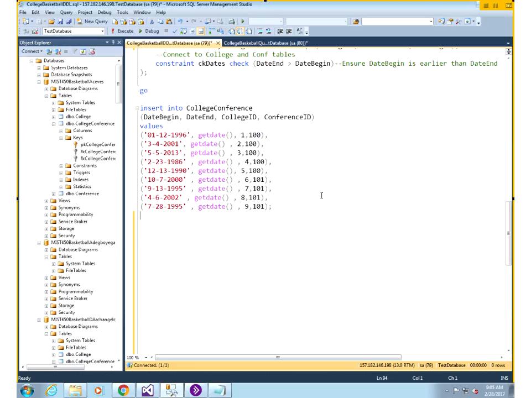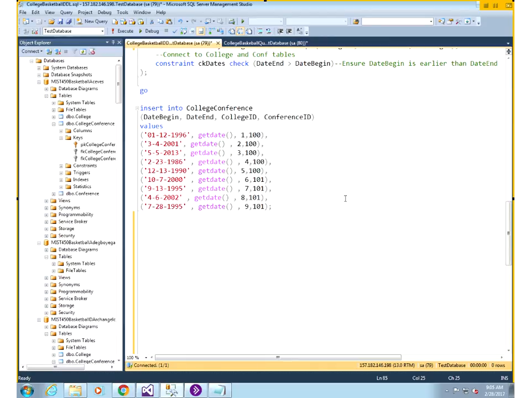Okay, so this is not necessarily a good thing, because when you're setting up your test data, you want to set it up where you have something like WVU getting into a conference, getting out, getting back in.